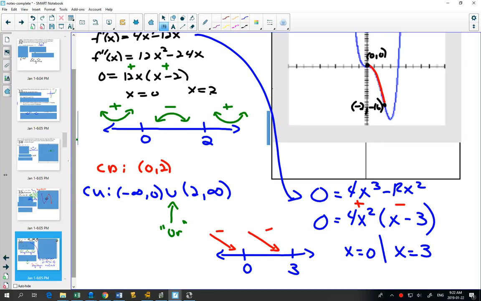It's still decreasing. That decrease tells us at 0 we have a stationary point of inflection. It's not a minimum or a maximum because it didn't change from decreasing to increasing. But at 3, when you plug in something larger than 3, this section is positive again. So we know that at this point, 3 comma something, we have a local minimum.